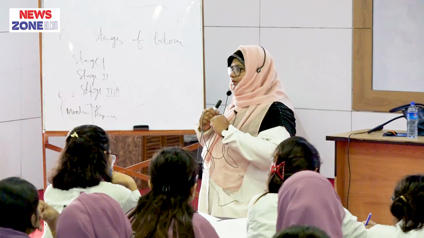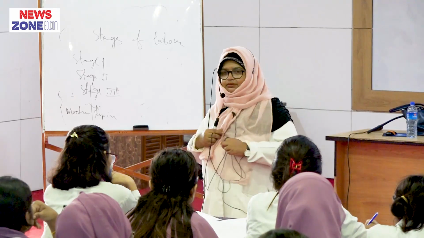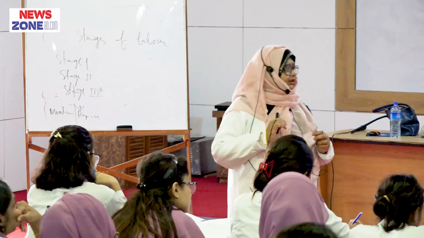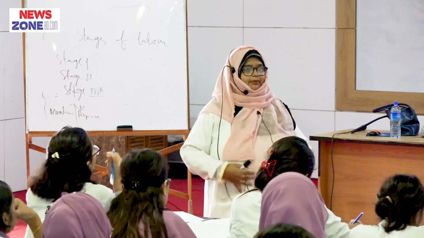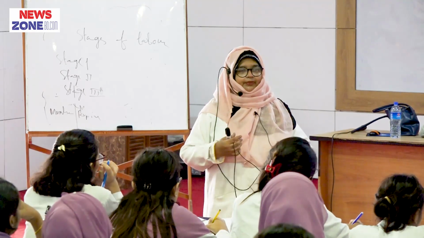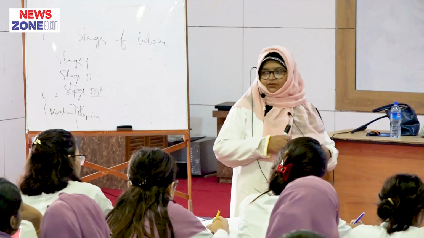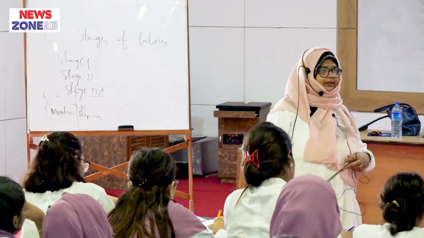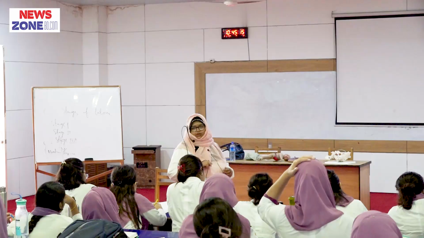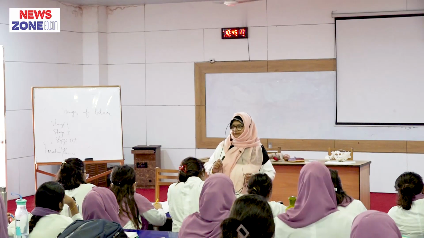You know the term bearing down: when the mother tries to expel by holding her breath and using abdominal wall pressure, that is called bearing down. When bearing down pressure is added, it is called expulsive. So there are propulsive and expulsive phases.